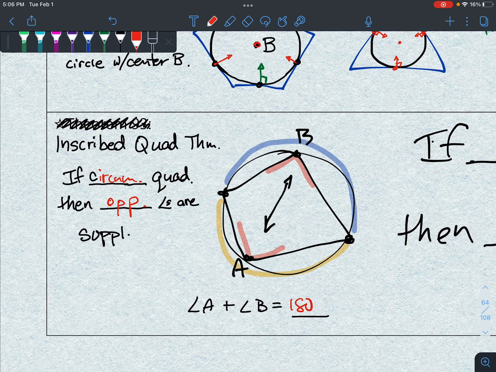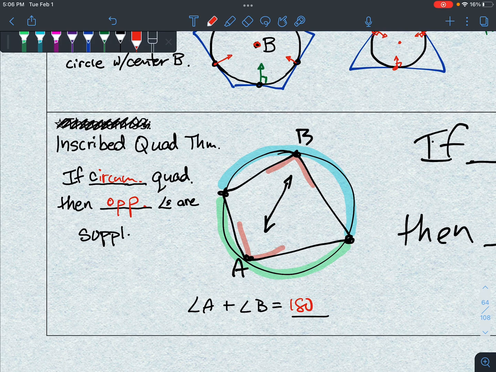Well, notice these two arcs which have been highlighted. So angle A intercepts this arc. Angle B captures this arc. Notice that together they make 360.